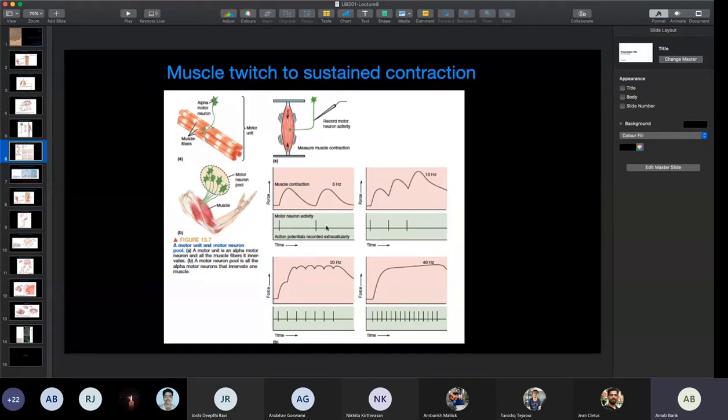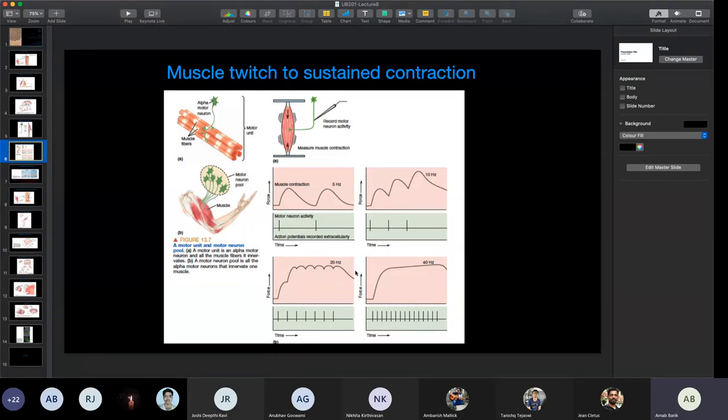So if the muscle twitches are far away from each other, set apart in time, then it doesn't really do anything, or there's no contraction. But if the frequency is higher, when you're recording from the motor neuron, the activity looks like this.